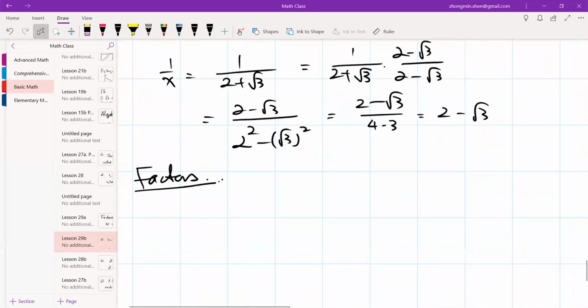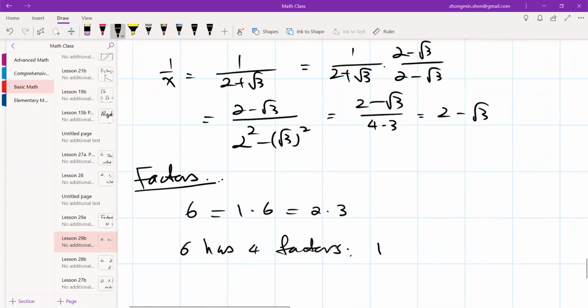All right, how many factors does 6 have? A factor by definition is a number that you can divide this number by. So it's 1 times 6 and 2 times 3. So 6 has 4 factors: 1, 2, 3, 6.